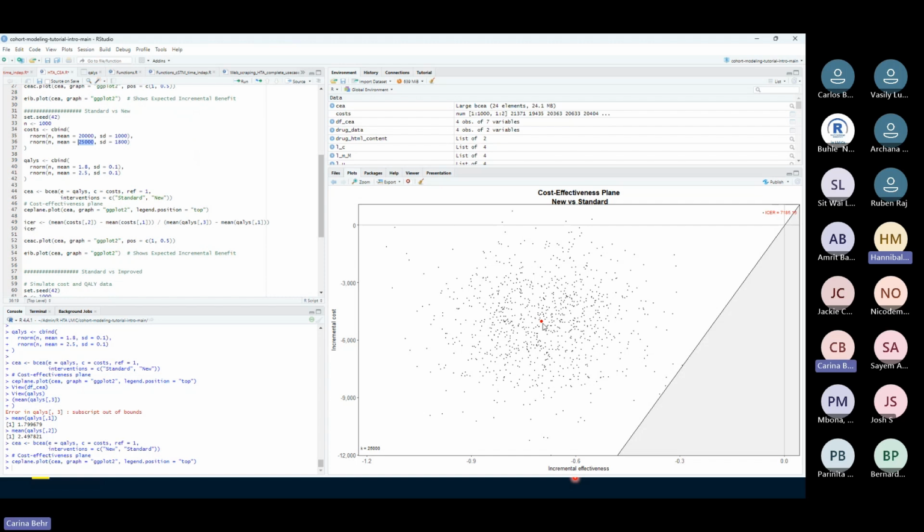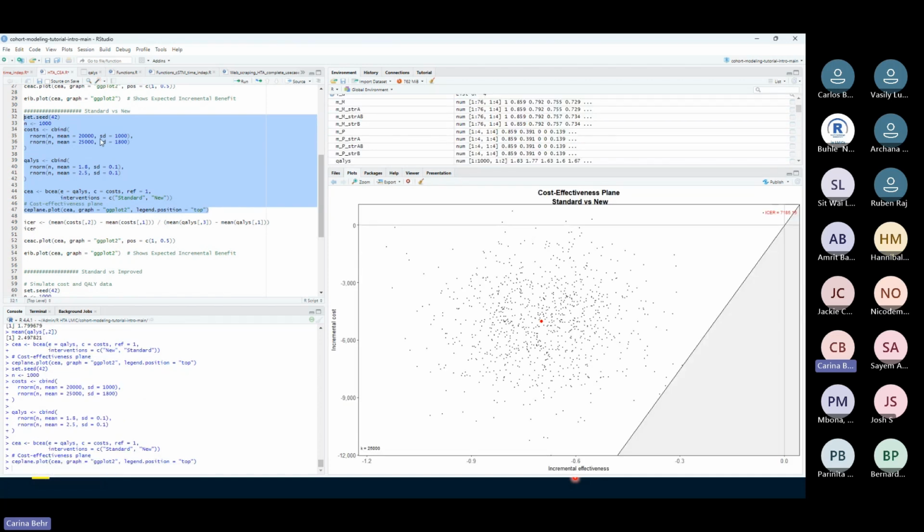But in this plot, the incremental cost is also negative. So we're plotting incremental costs and incremental effects that are negative. Unless I didn't run it, but I'm quite sure I ran this code. So unless this is swapping around. Yeah, the figures, eh? So this is new and this is standard.